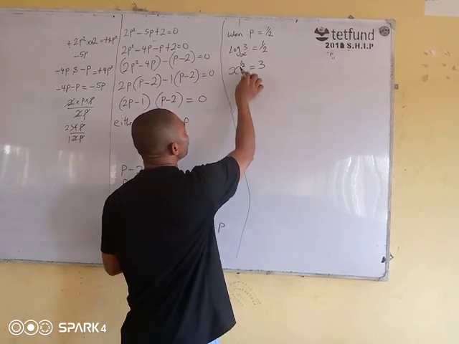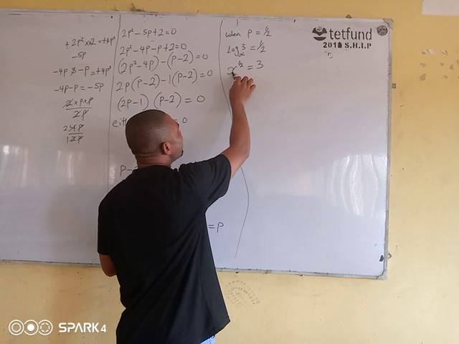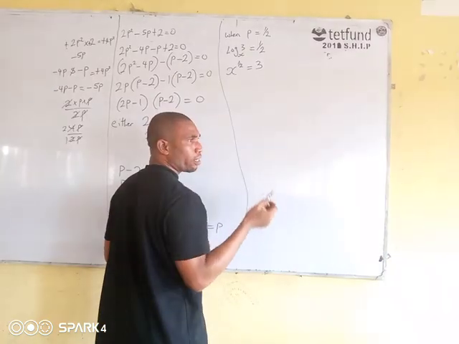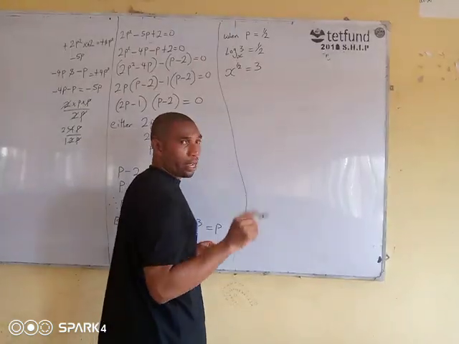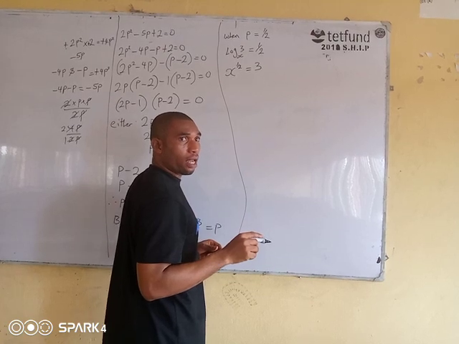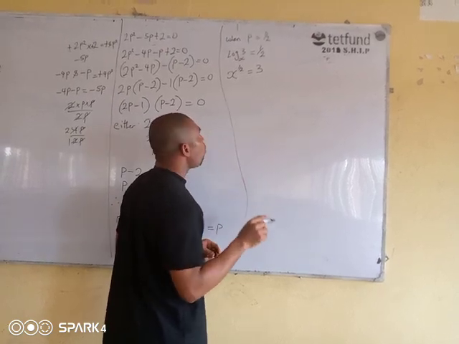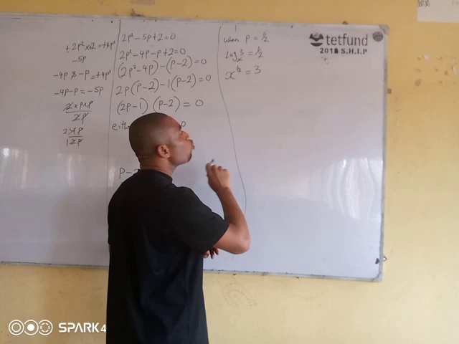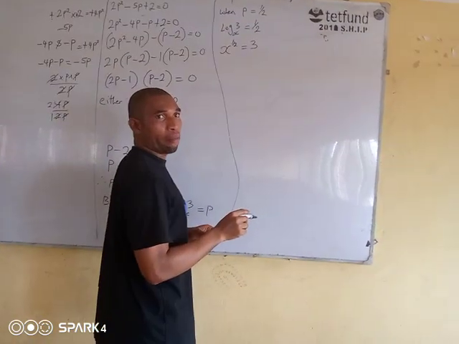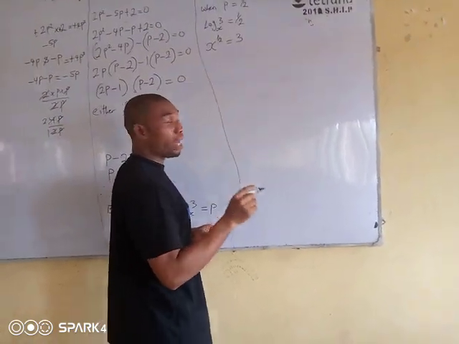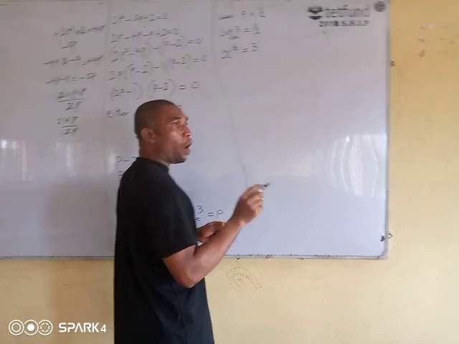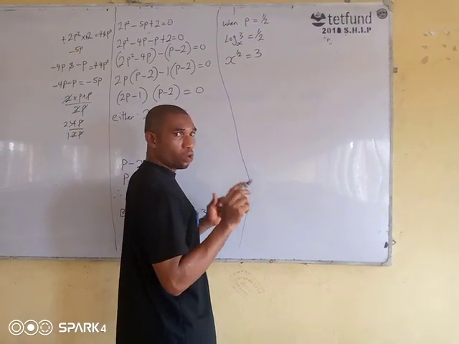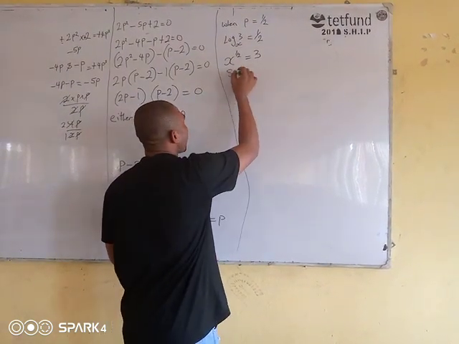But this is not my final answer, because here is the square root of x. It's not up to a full x. I want to make it x. What do I do? I will square both sides. When I square both sides, I will now have x on its own.